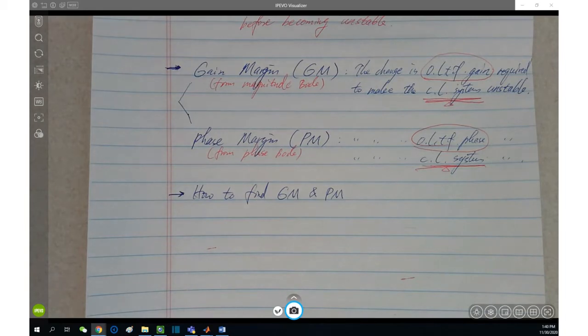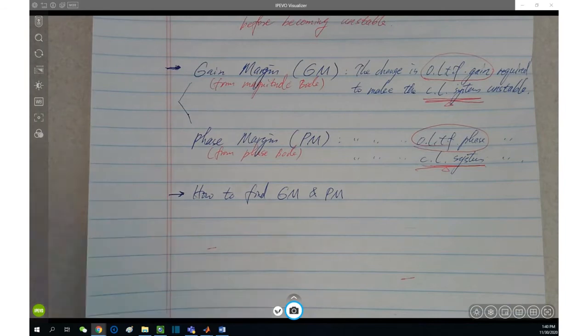Not the output of the open loop transfer function. Given a system, you plot the Bode plot right away, right? By MATLAB, we don't have to use hand calculation. And if you change the gain, the magnitude Bode plot is going to shift, up or down. Does it make some sense?